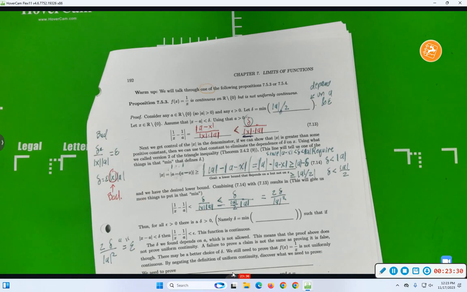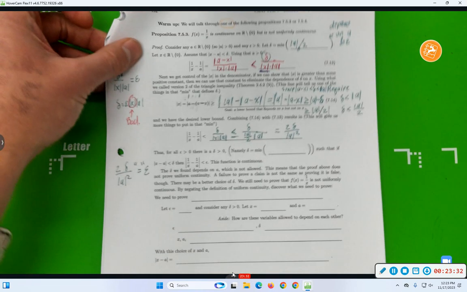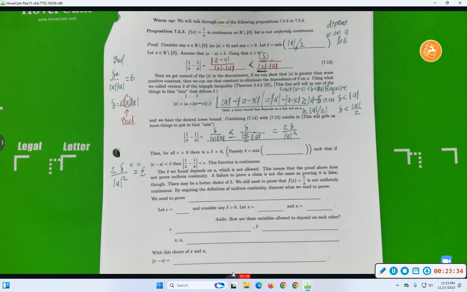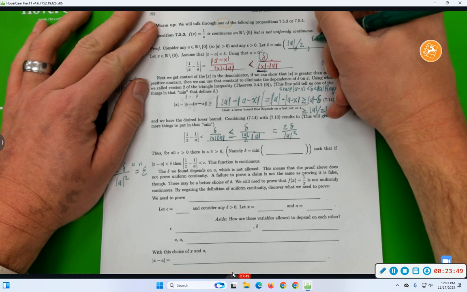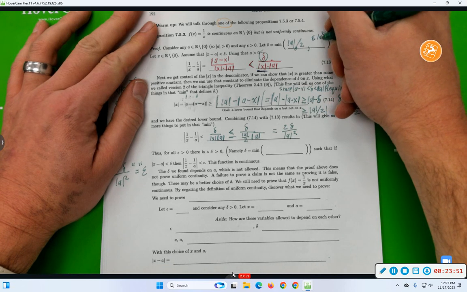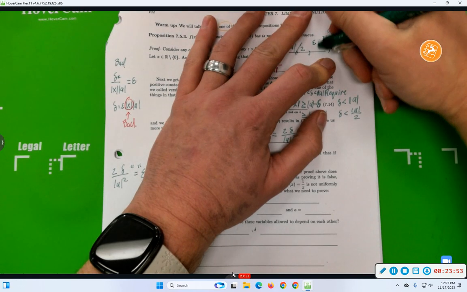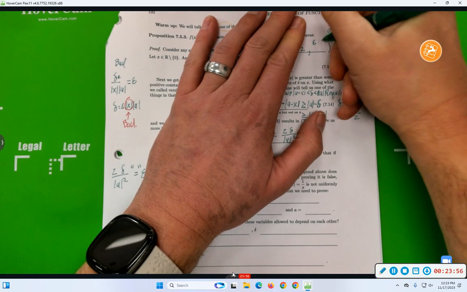And I'm putting a quarter on those equal signs because it's going to be not quite equals at the end. What would you get if you solved that for delta? Epsilon times the absolute value is... Well, and there's an absolute value and a square, so the absolute value doesn't matter.